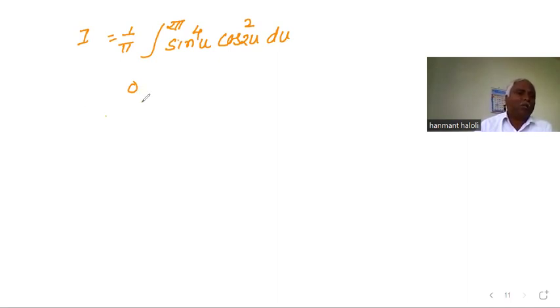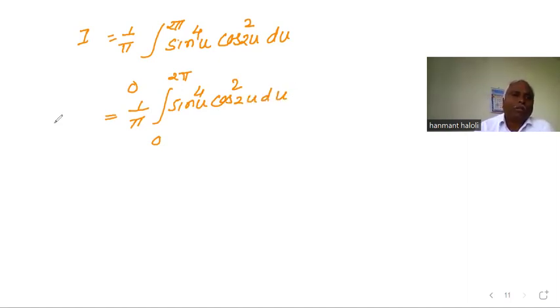Now it becomes 1/π, limits 0 to 2π, sin^4 u cos^2 u.